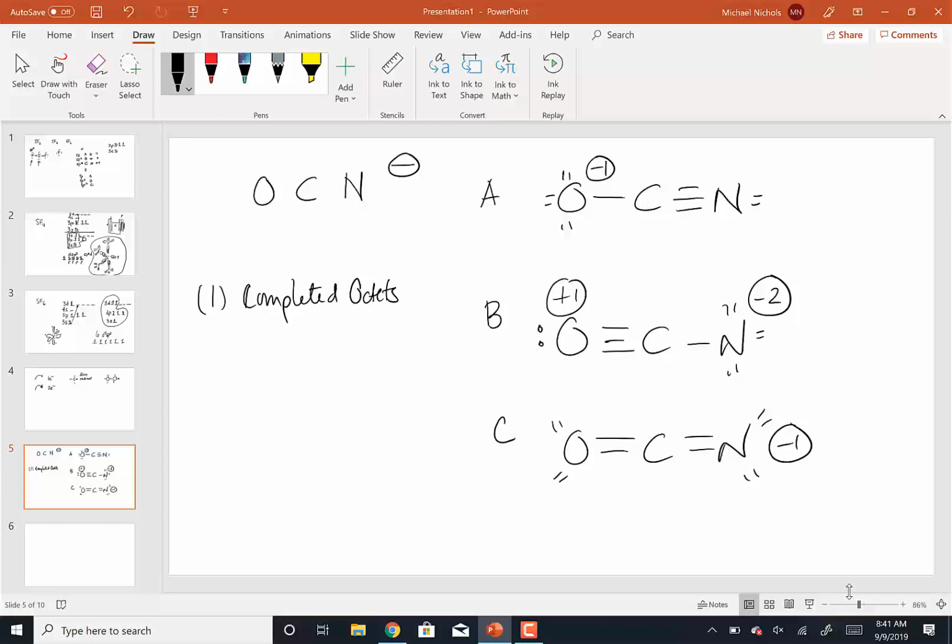Generally what I will do is I will ask you to only write resonance structures that have completed octets. So they automatically have to follow rule number 1. So rule number 1B would be that we have all 0 formal charges. Okay. In this case, can that happen? No, because it's a -1 anion.